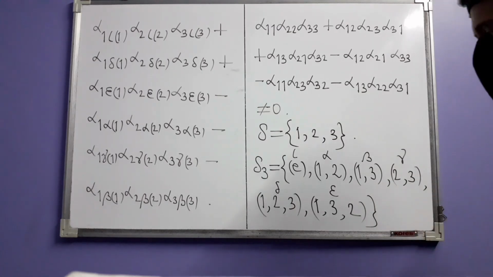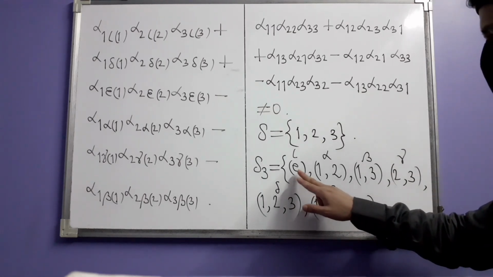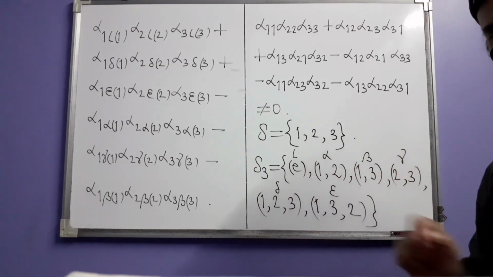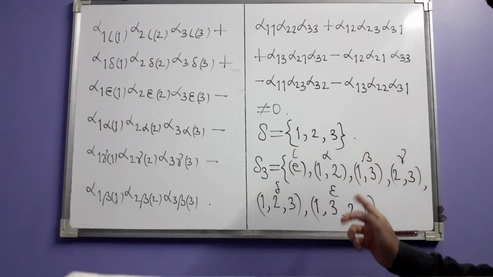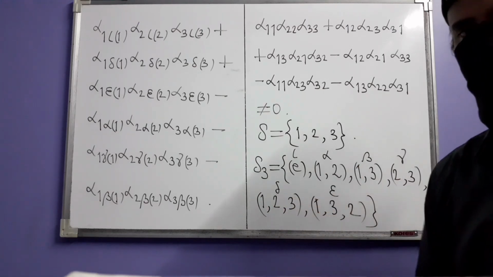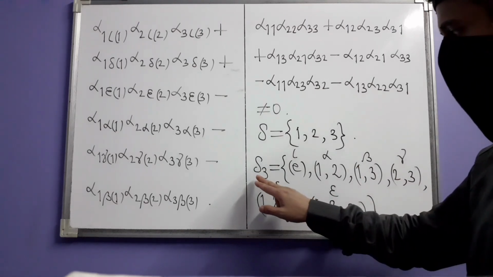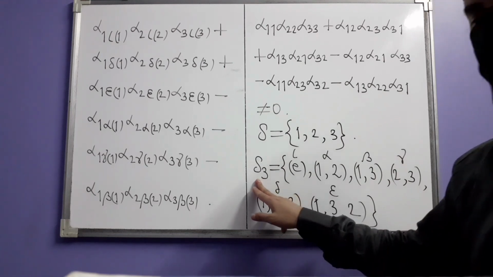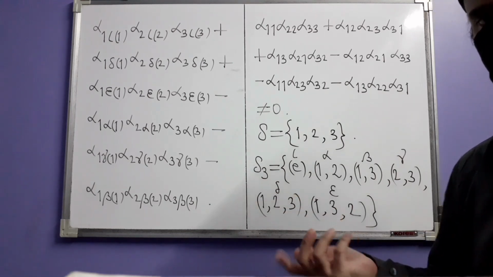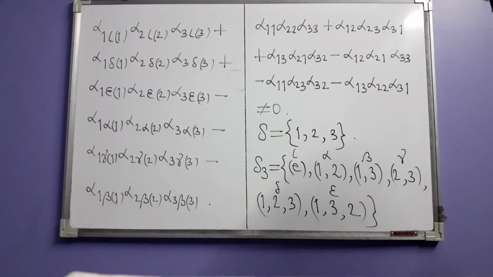So you have this identity permutation, these 2-cycles (1 2), (2 3), (1 3), and these 3-cycles (1 2 3), (1 3 2). How many elements should this group have? It should have 3 factorial elements, that is 6 elements, and we have 6 elements.